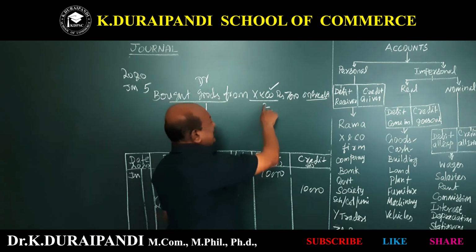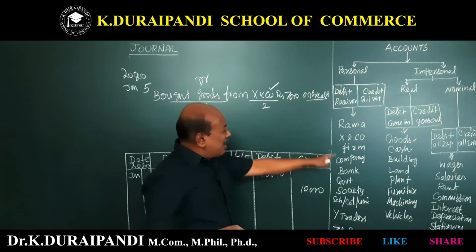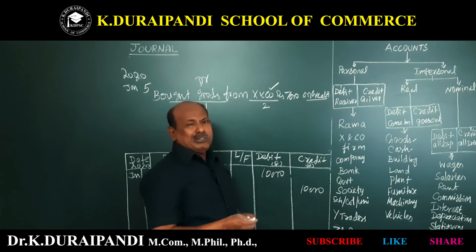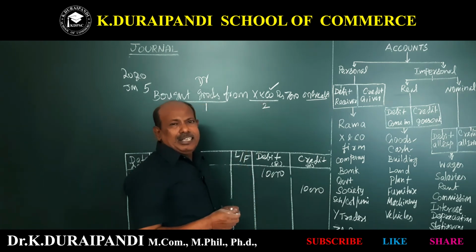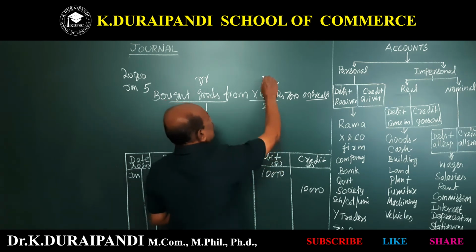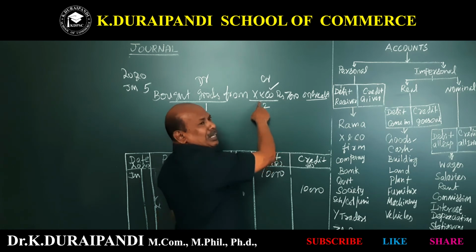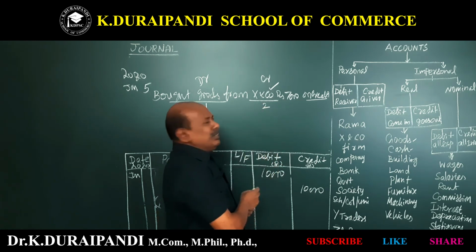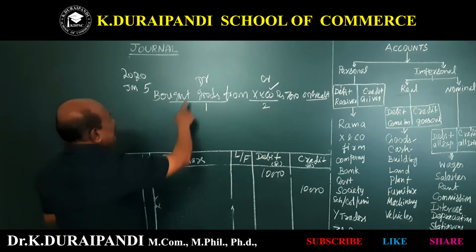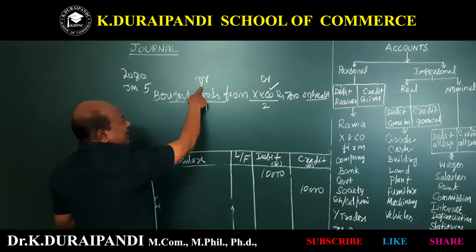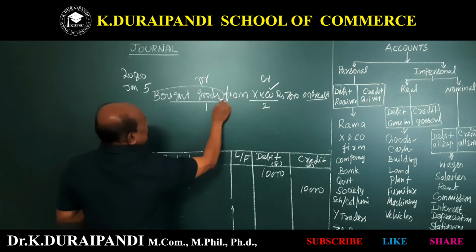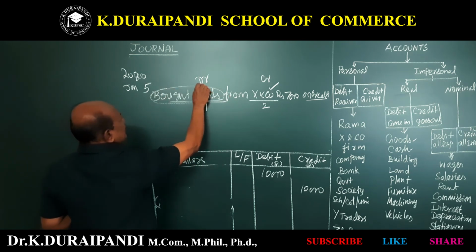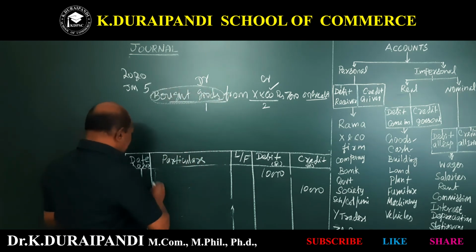Then X and Co belongs to personal account. He is a giver, giver of the goods. Credit the giver. So he should be credited. Write a journal. First write the debit aspect, then write the credit aspect. Bought goods means, in debit, it is purchases.